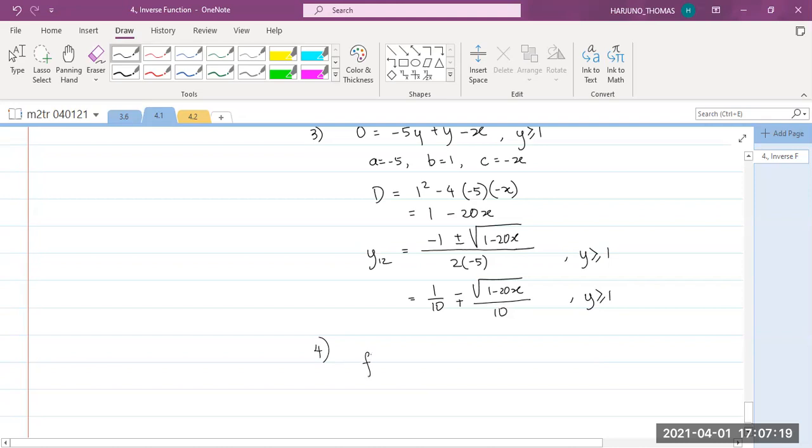So even if I want to write f inverse of x later on here, should I use the positive branch or the negative branch? I tell you, I will use the positive branch.